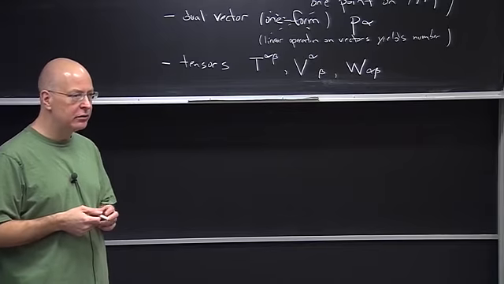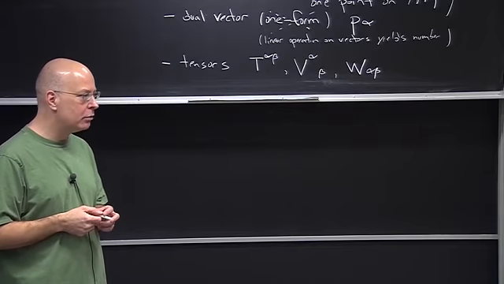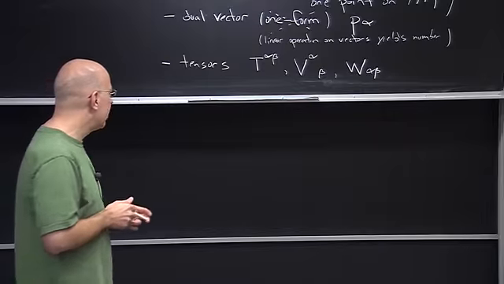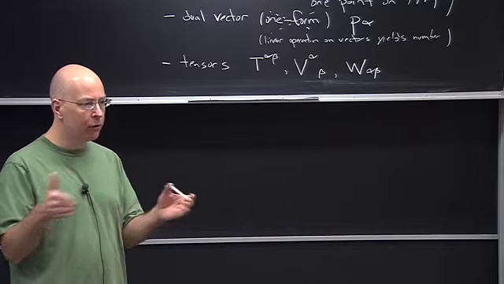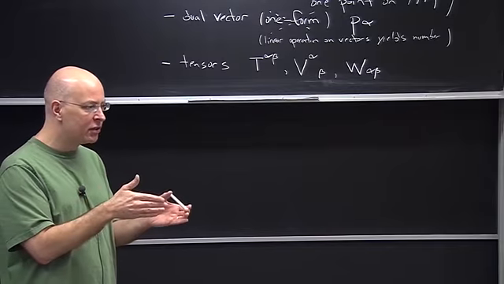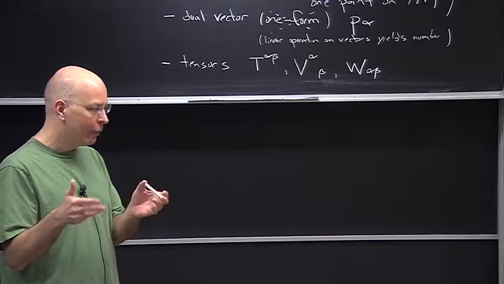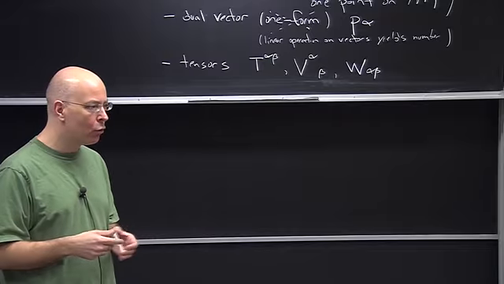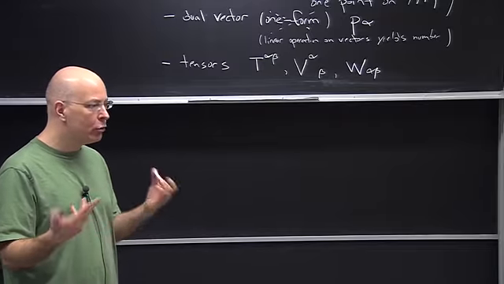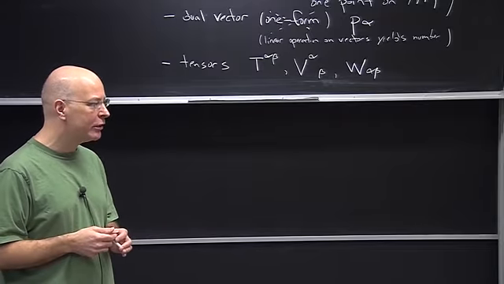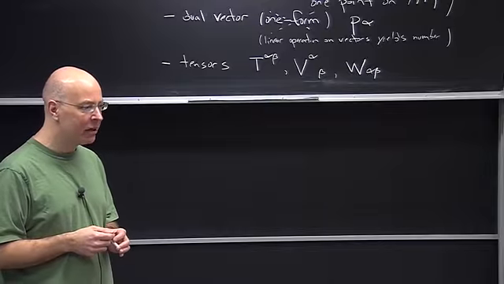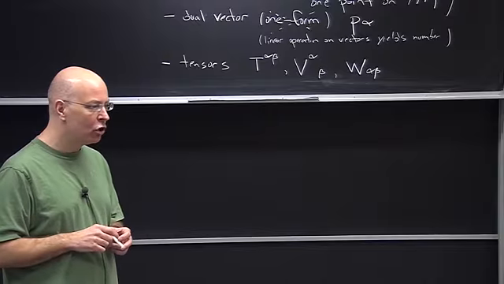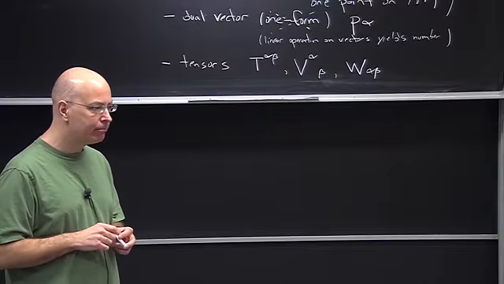I think you've seen this stuff before, so I don't think I need to dwell on that. But it's often very important to recognize whether an object is a tensor or not. One way of testing this is to test whether their components transform appropriately under coordinate transformations, although usually we try to come up with more clever ways of testing that. And we'll probably talk about that a little bit later on, even today.